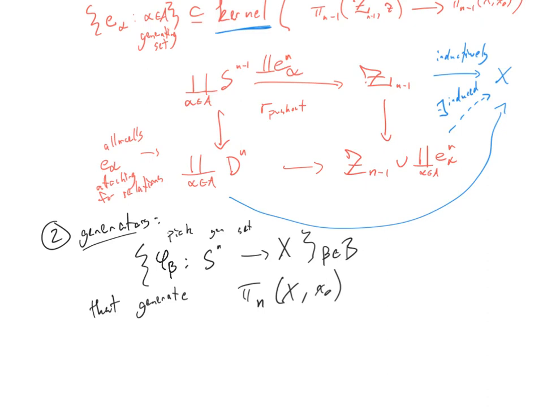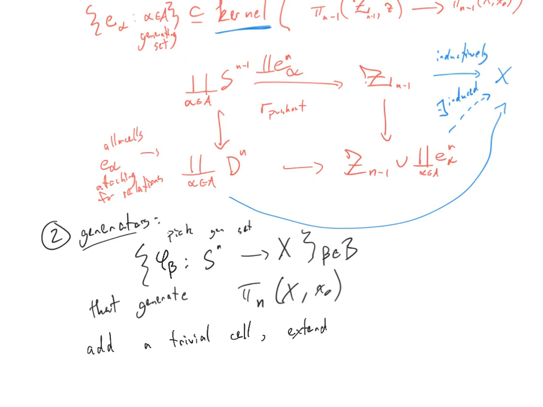Then we add on cells which are attached just as big wedges of spheres, so they're attached along the 0 map into Z n minus 1. So add for each of these a trivial cell, but extend the map that we produced up above.